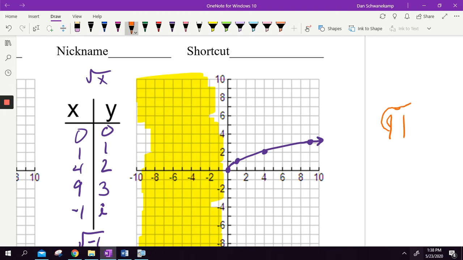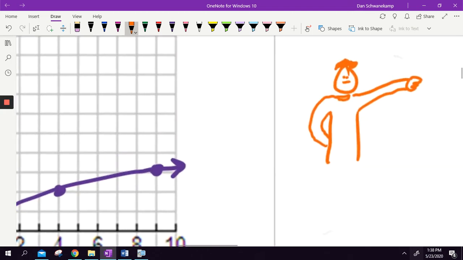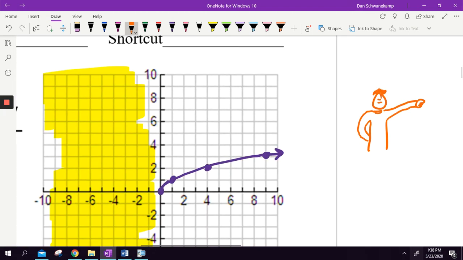But instead, oh my goodness, look how long my arm is. This is me drawing. Oh my gosh. Oh man, this is why they pay me the big bucks, to make pictures like that. That is what you would look like. See how my arm is making that square root graph? Oh yeah, it's making that square root graph.